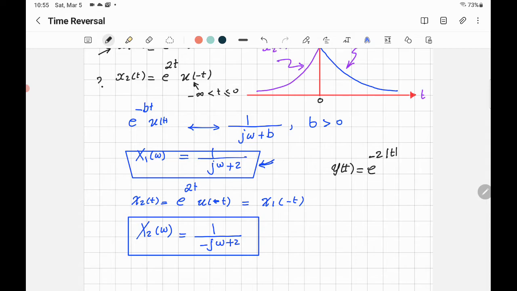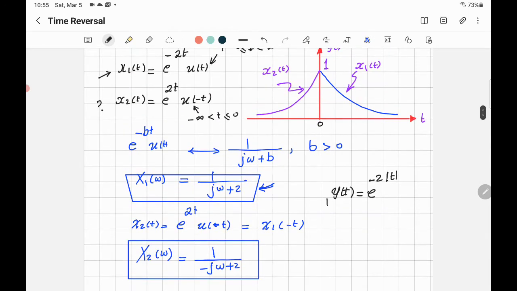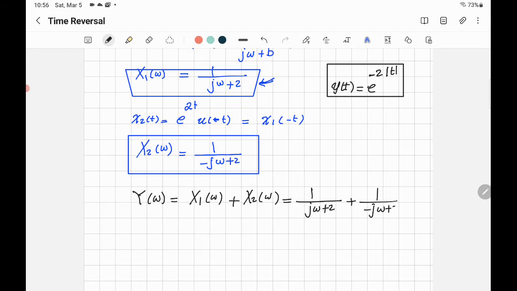If t is positive, it will be e to the minus 2t. If t is negative, it will be e to the 2t. So we are going to find the Fourier transform of the whole thing. It's equal to the summation of both. So Y of omega will be equal to X1 of omega plus X2 of omega, which equals 1 over j omega plus 2 plus 1 over minus j omega plus 2.